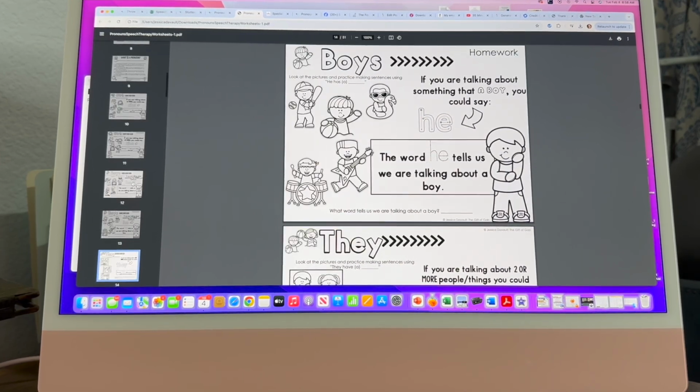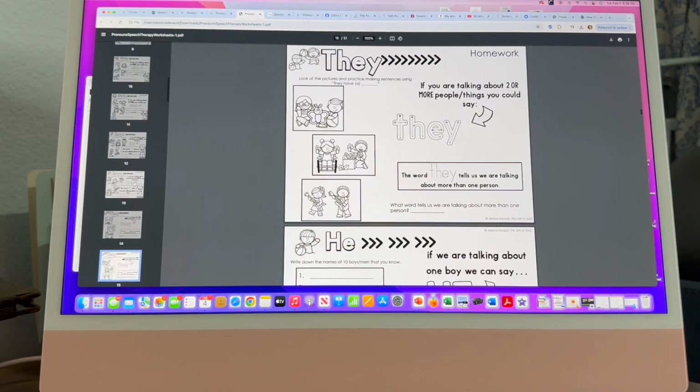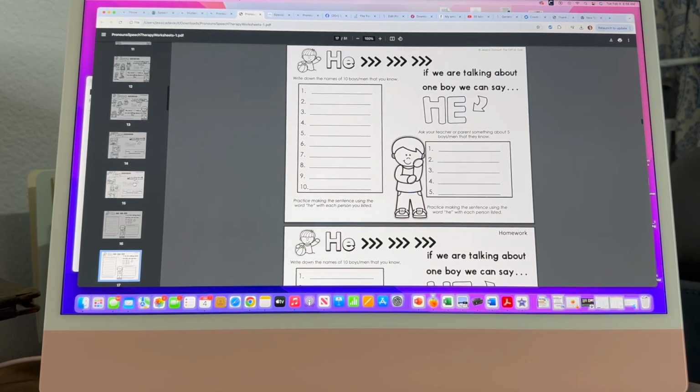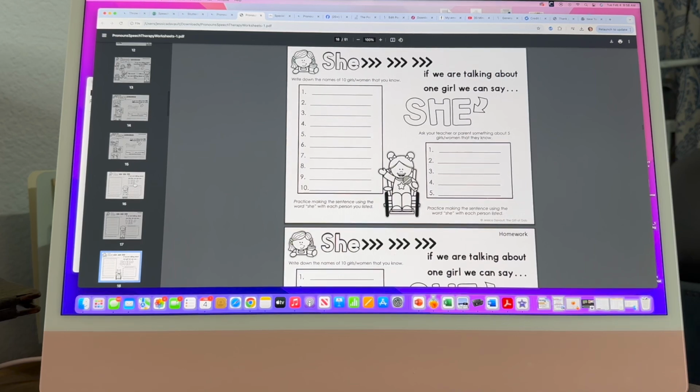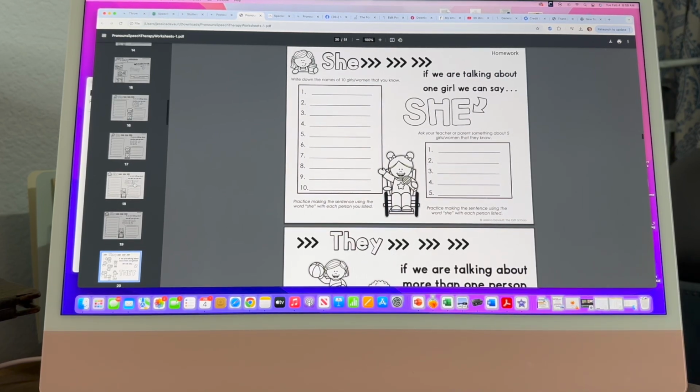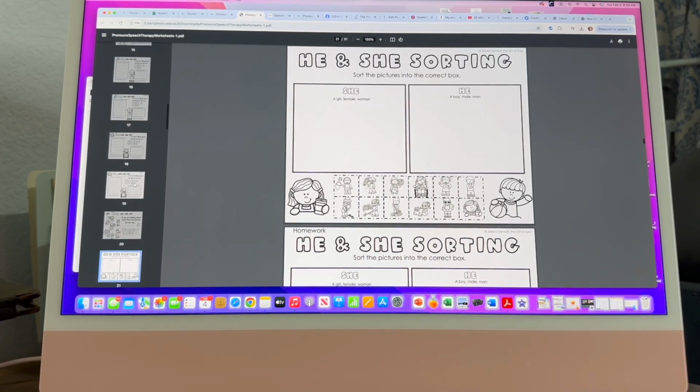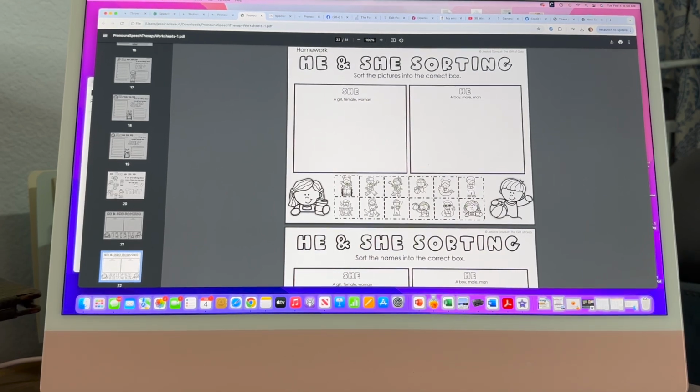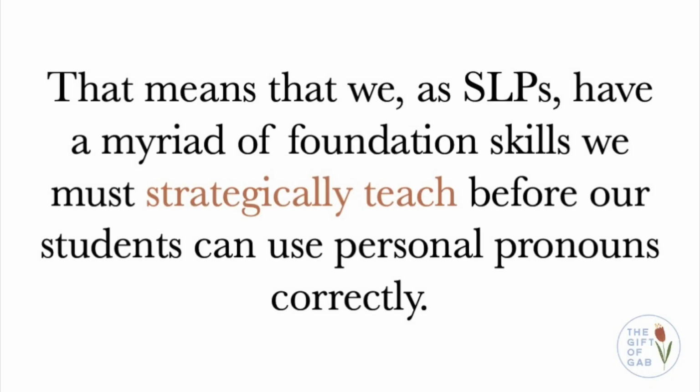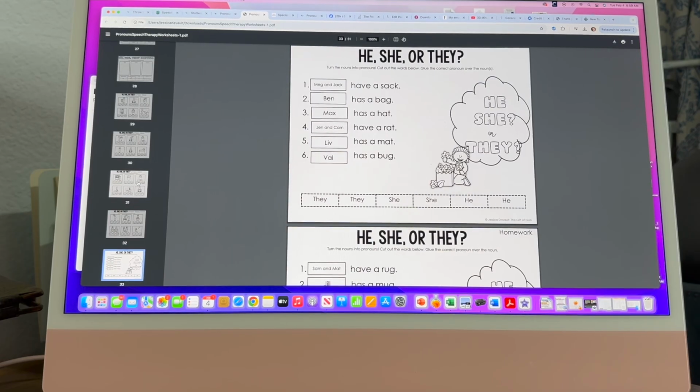Let's go on. So, as with all language skills, there are a myriad of foundational skills that students must learn before they can use pronouns correctly. That means that we, as SLPs, have a myriad of foundational skills we must strategically teach before our students can use personal pronouns correctly.